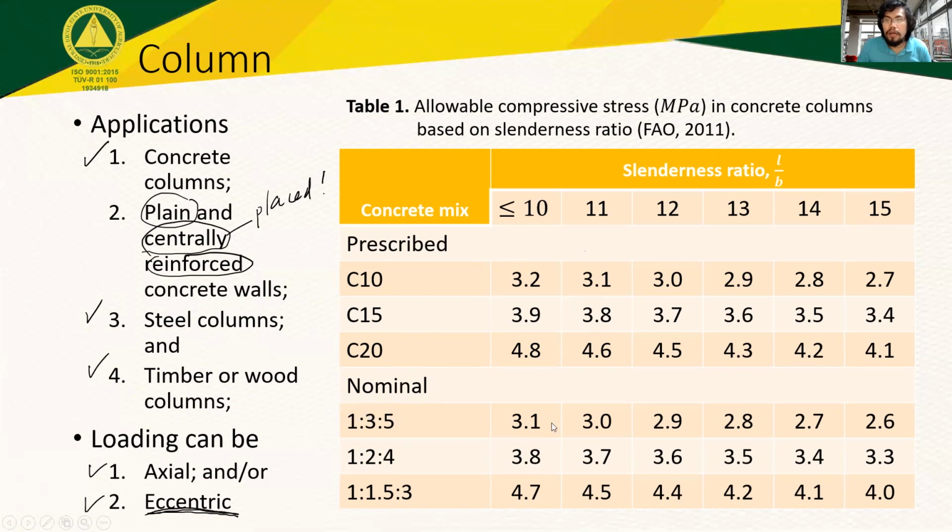The way to use this is to simply interpolate the values if the slenderness ratio is in between, say 10 and 11, from 10.00001 to 10.999999. So it's best to interpolate in these values, also for other slenderness ratios in between those values.